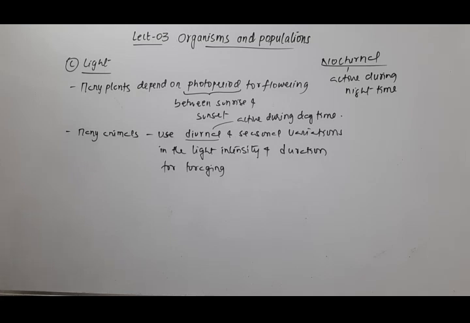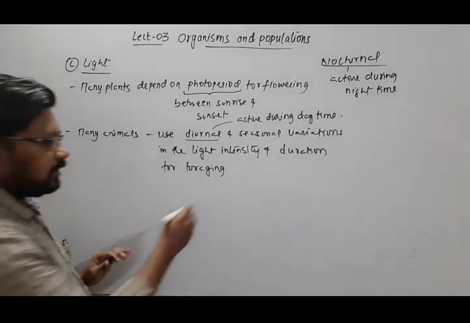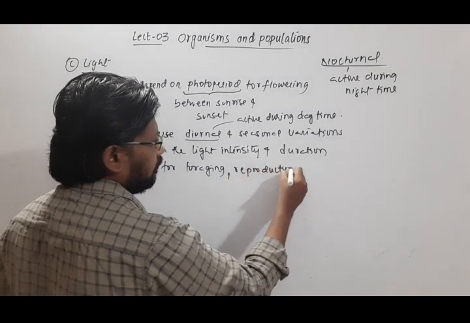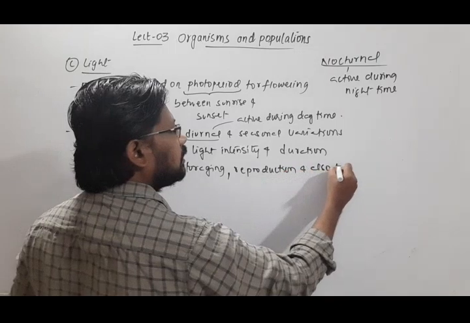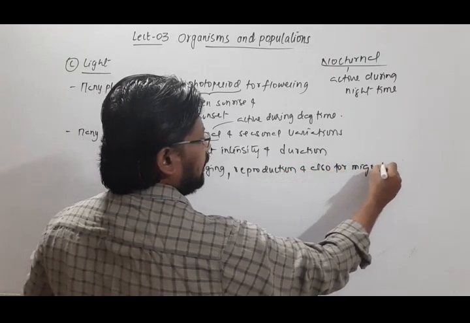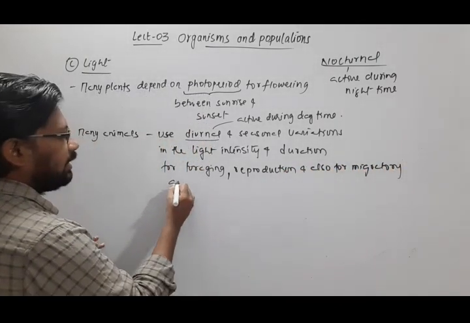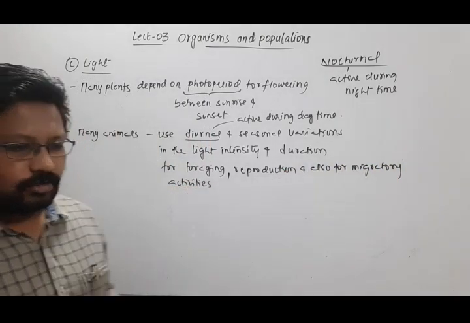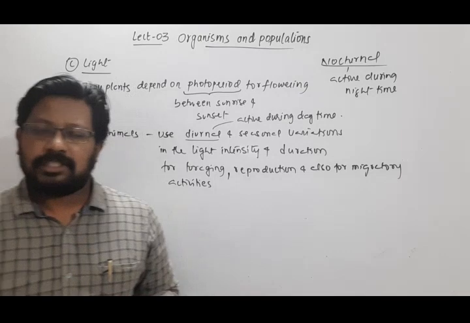The light intensity and duration will be the timing for their foraging, and not only for foraging, but also for their reproduction and migratory activities. Animals will show migration with the seasons.